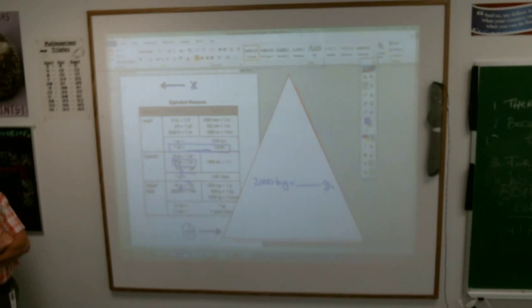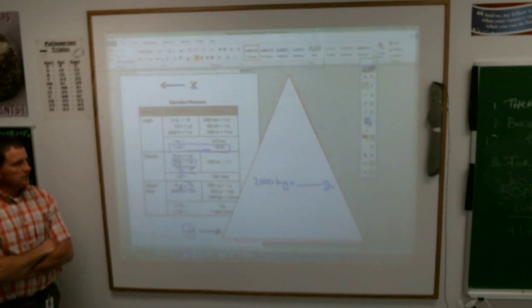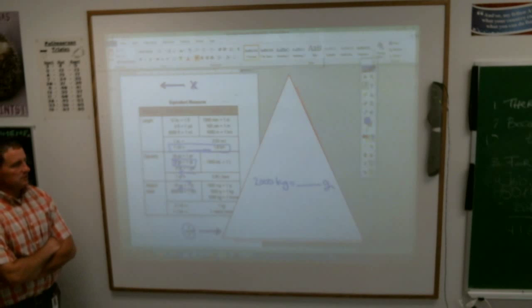It should be pretty easy because you're working with 1,000. So you're either going to multiply by 1,000 or divide by 1,000, people. It doesn't get any easier than that. David? David says never mind. The confidence is overwhelming here. Alex? 200,000 grams. 200,000 grams. Why isn't it 2 million?